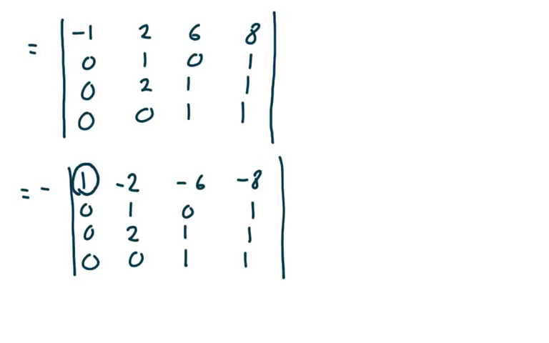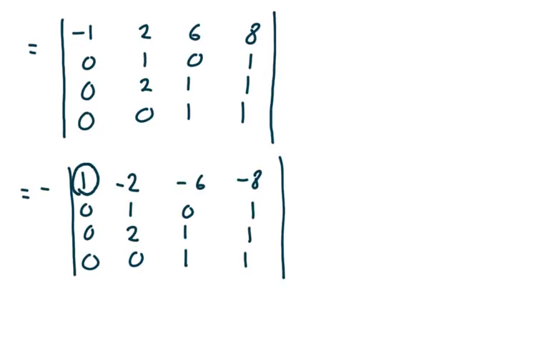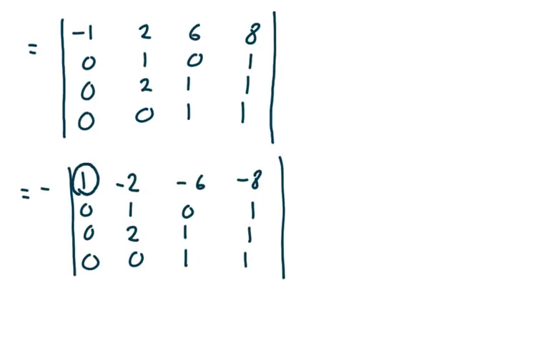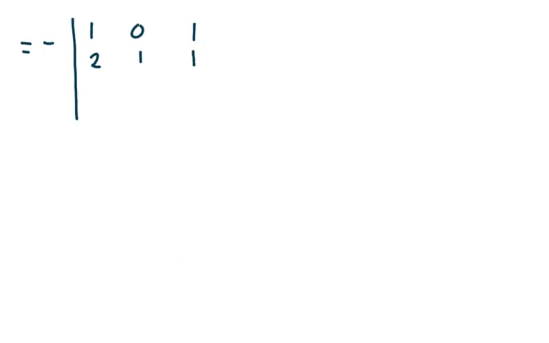And then, so I claim this is negative the determinant of, in the first row, 1, 0, 1. In the second row, we get 2, 1, 1. In the third row, we get 0, 1, 1. So we went from a 5 by 5 to a 4 by 4 to a 3 by 3.